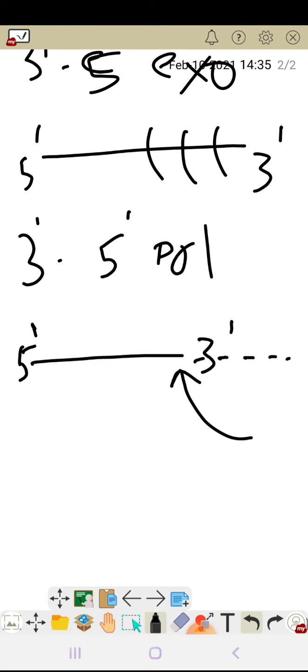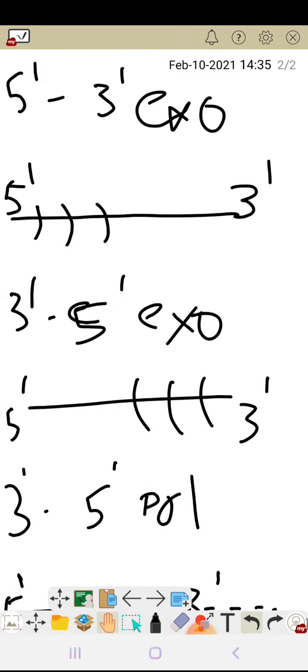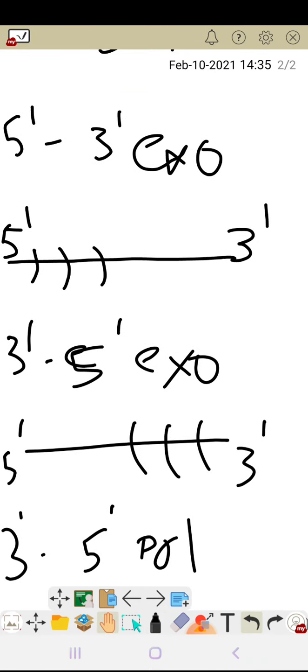So there are three properties of DNA polymerase I. First is 5' to 3' exonuclease activity. Second is 3' to 5' exonuclease activity.